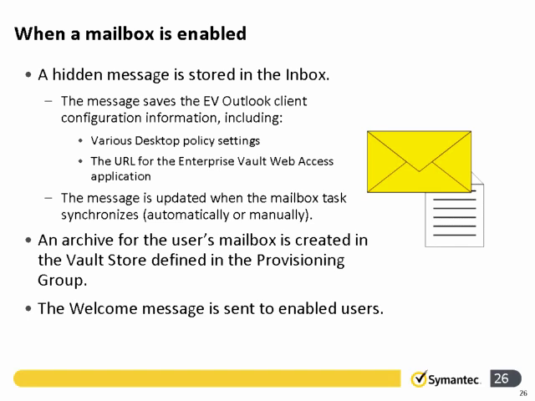This message will just store the various desktop settings specified by the desktop policy. Also, it will specify the uniform resource locator, or URL, for your Enterprise Vault web access application, so if you're using the browser search or Archive Explorer, you'll be able to access that. And also, it will enable a welcome message environment so that the user will receive a welcome message if you have configured and set that up.